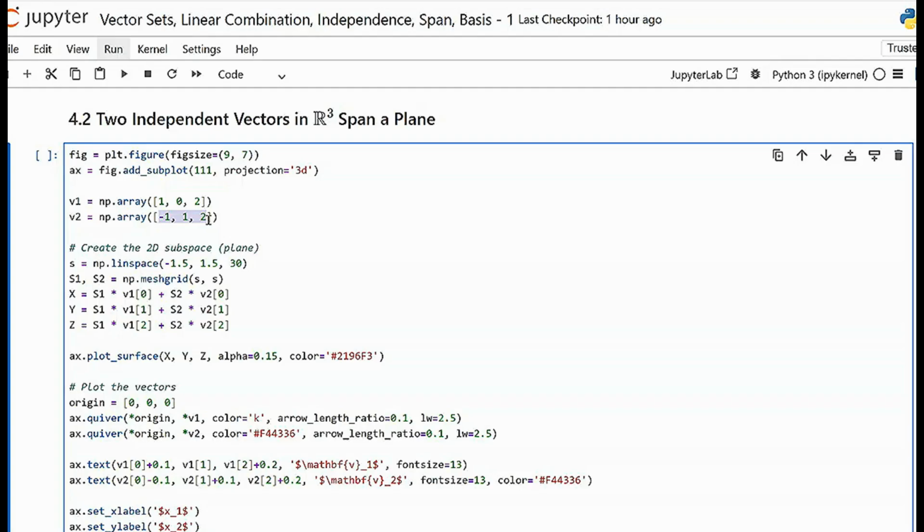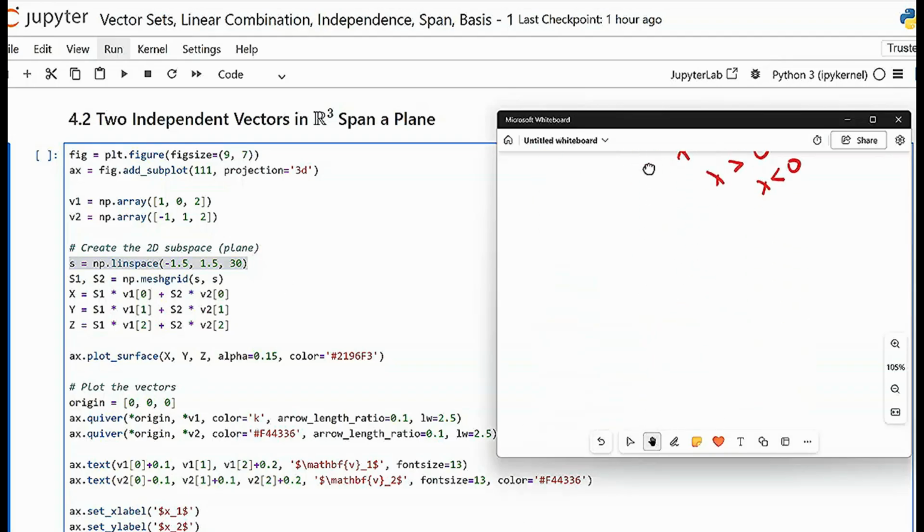Kindly observe. Okay, and yes, dear friends, let me generate all linear combinations. What would happen with the linear combination? Of course, we have here a linspace. It creates a range of scalar values for the coefficients, so we have the linear combination lambda 1 v1 plus lambda 2 v2, and it goes on.